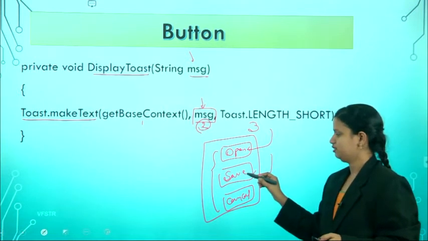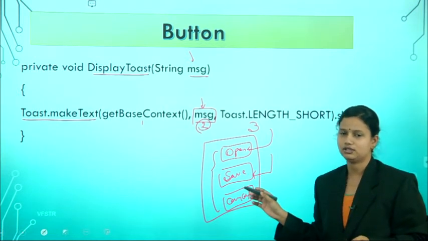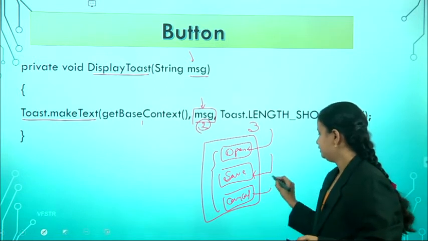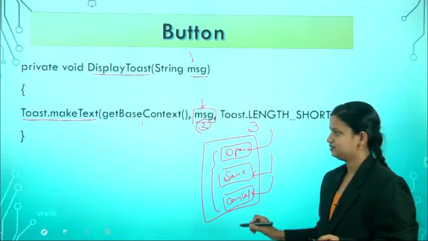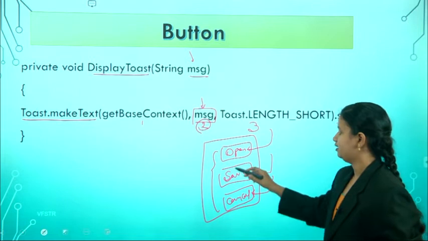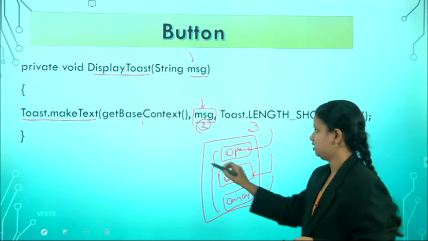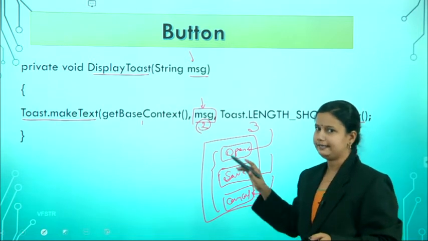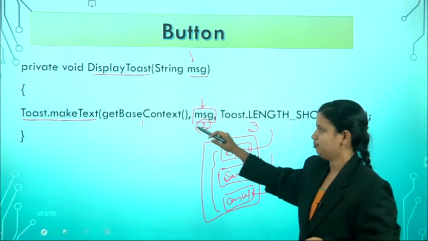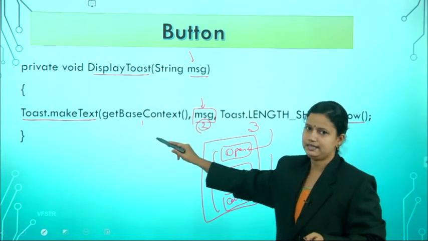Likewise, when you click on the save button, and then the cancel button, there are messages too. To implement all these three situations with the toast method, we directly implemented a method as display toast.